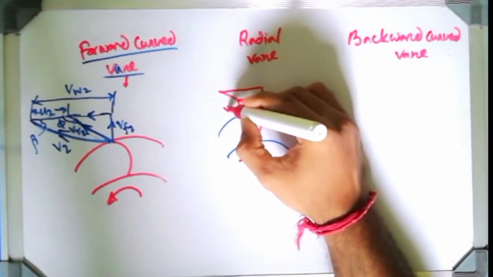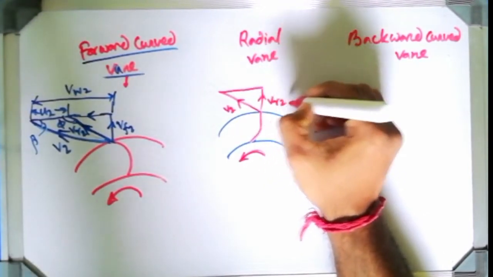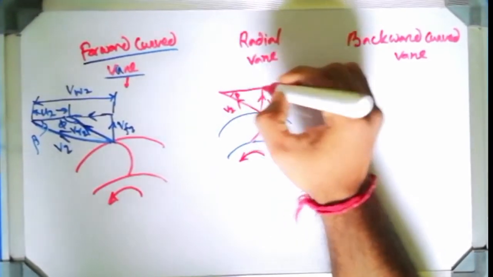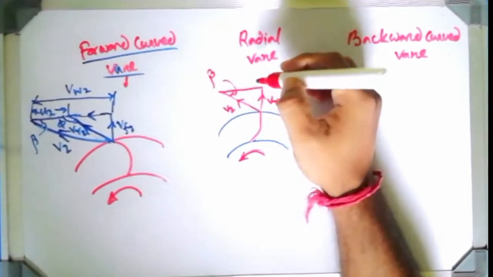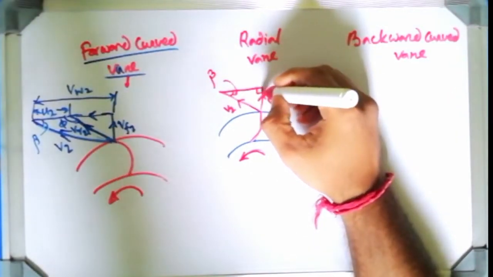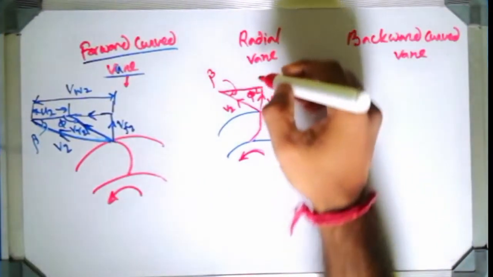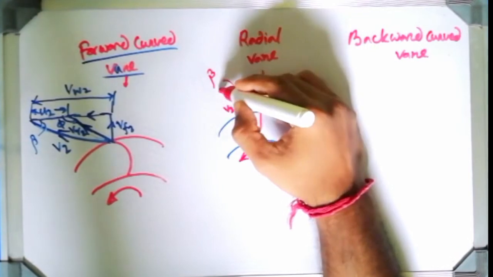This is V2 and this is VR2. Similarly, this angle is beta, and here phi is becoming 90 degrees, isn't it? Let me show you the u2 component.